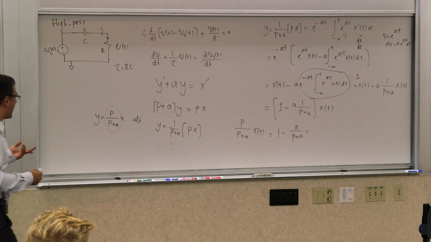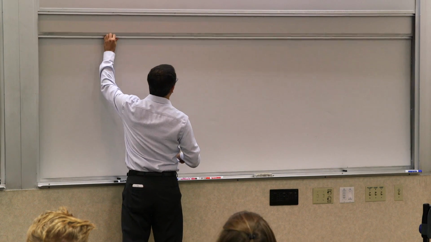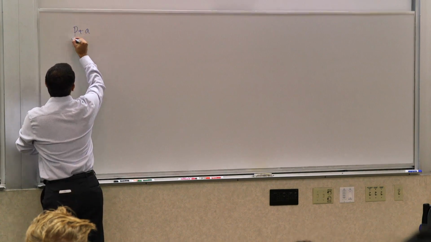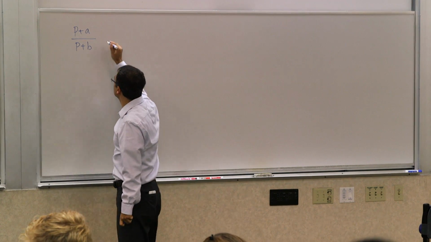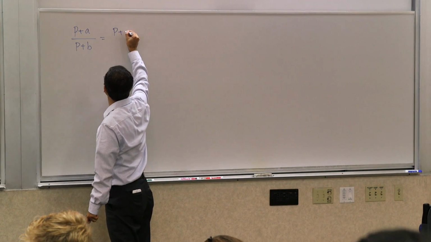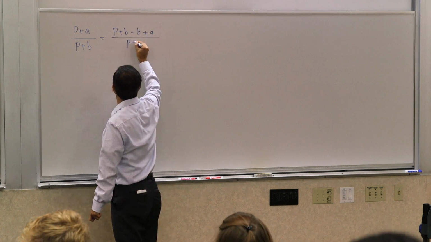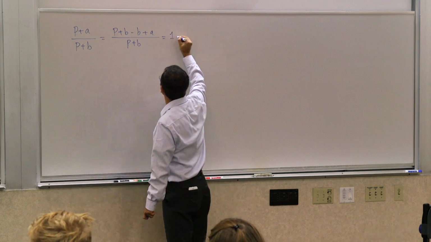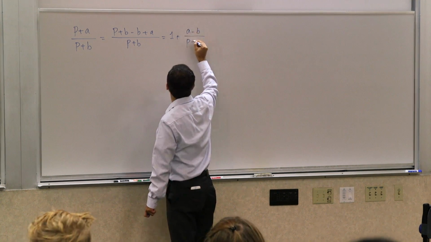Now, in general, if you have these two pieces, what you can do is say, OK, if I have an operator p plus a over p plus b, I can write it as p plus b minus b plus a, divided by p plus b, which would mean that I can write it as 1 plus a minus b over p plus b.